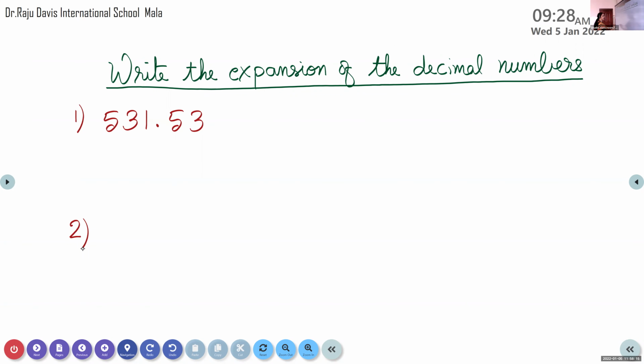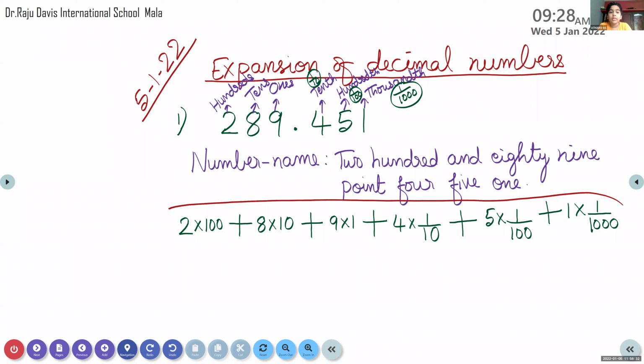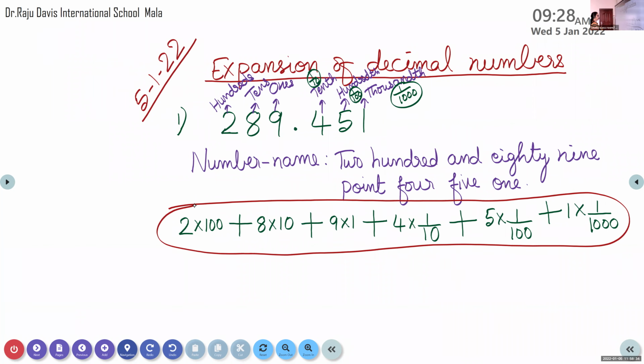You can just write the expansion. If you want, you can write the places on the top, like ones, tens, hundreds, tenths, or else just write the expansion. No need of writing the number name.